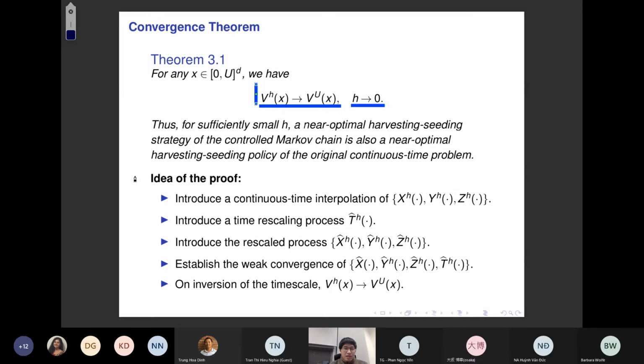The proof is technical, but basically, we use the weak convergence methods of probability theory to establish the convergence. And along the way, we need to introduce the time rescaling and we need to construct the continuous time interpolations of the process. So I will skip this.